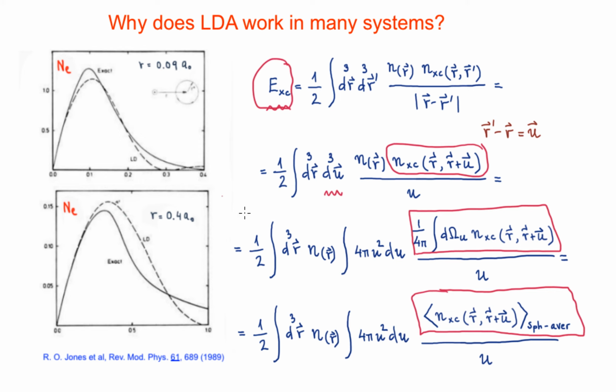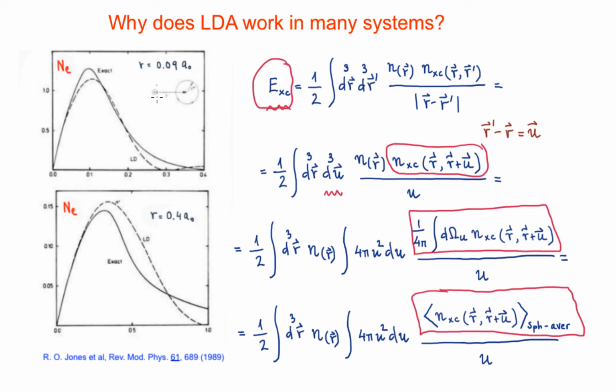Here we have precisely the spherical average, with respect to the angles of this u vector, of the exchange hole, the exact one, which is the solid line here, and the LDA, which is the dashed line here.